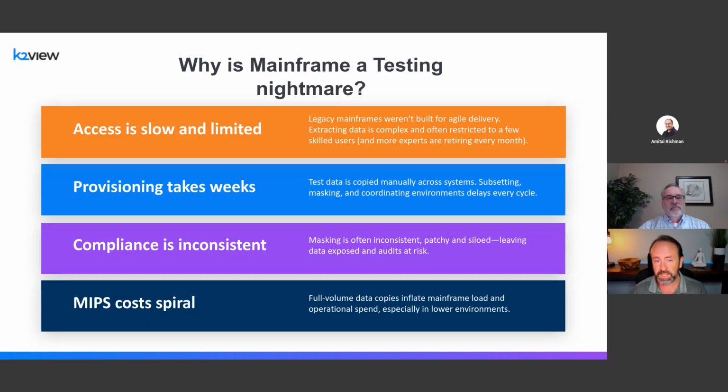We were working with a large national bank in the last few months, and just getting access to the right person who knew that particular VSAM file and the copybook or layout we needed for test data was a real problem. Sometimes it could take weeks just to get access.